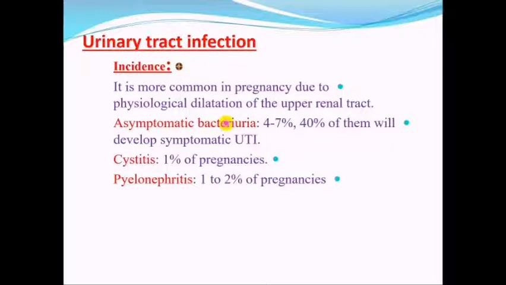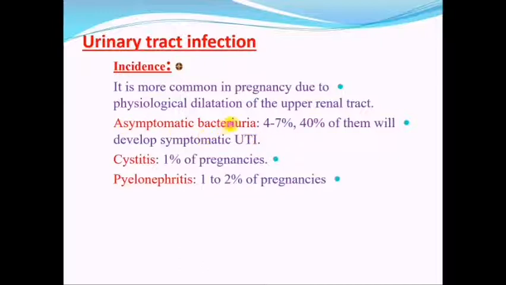But this is very wrong, because it has been found that about 40% of these patients, if left without treatment, may develop a symptomatic urinary tract infection in the form of either acute cystitis or pyelonephritis.